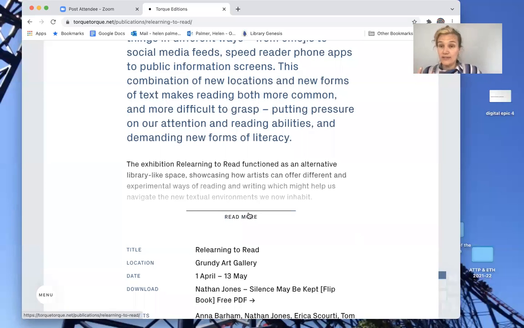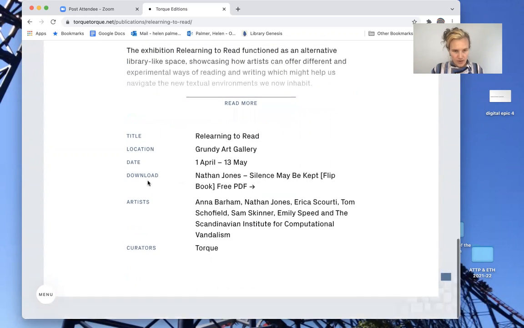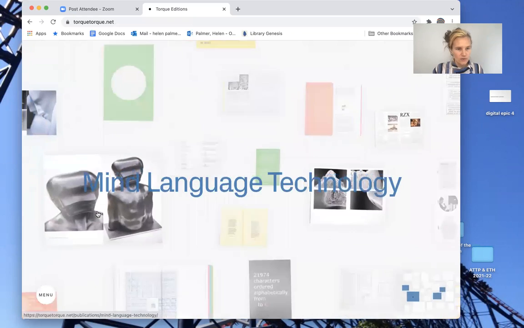So in this, they created an exhibition in which they offered an alternative vision of a library and how a library can function. And they're interested in how libraries work with categorization and organization. So that's again with space and time. So you can also have a look at that in your own time.